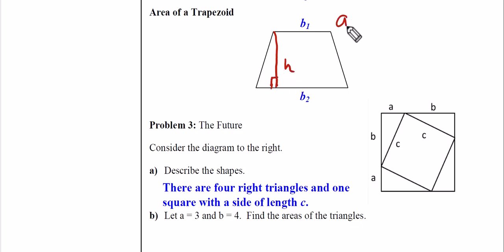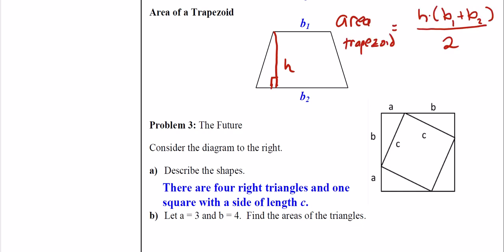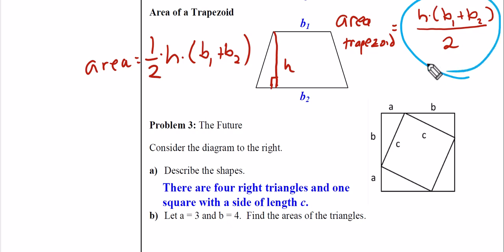If we know that, then the area of a trapezoid is h times (b1 plus b2) over 2. Sometimes it's written as 1/2 h (b1 plus b2), which you might see later on. Either one is fine. I personally prefer this one because we have fewer things to deal with. We just do the numerator and then divide by 2, and then we get a result.